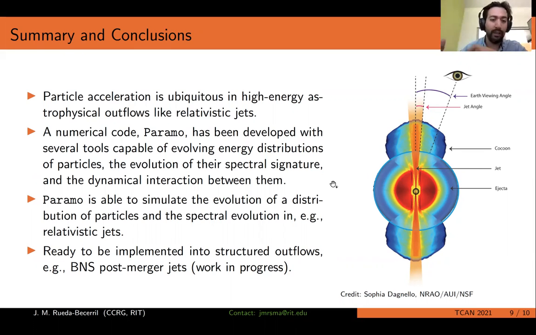This code can be adapted into a numerical jet simulation, and calculate the emission, for instance, in a shock, where the shocks are in the simulation. Okay, that is work in progress.